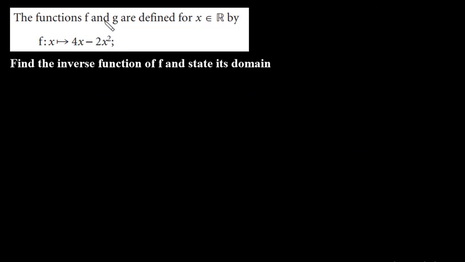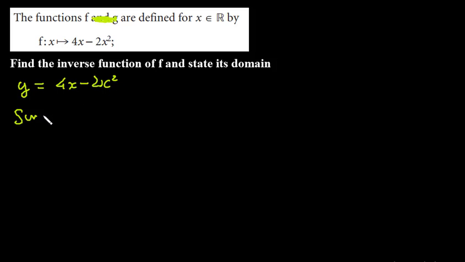Now we are going to solve this question. The function f is defined for x belonging to the real numbers by f: x maps to 4x minus 2x squared. Find the inverse function of f and state its domain. So first of all, we'll find the inverse function of 4x minus 2x squared.